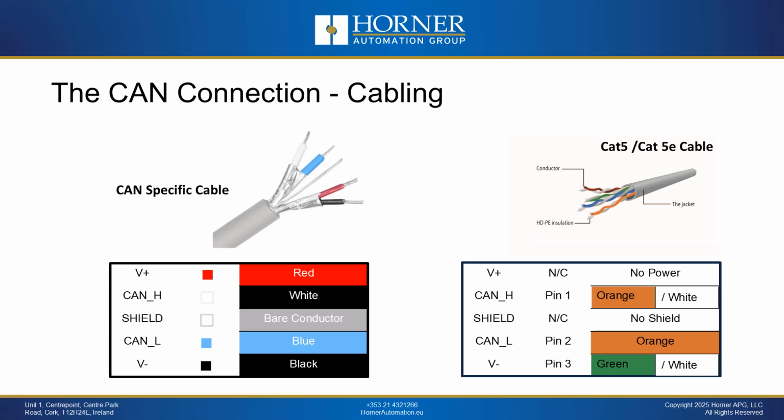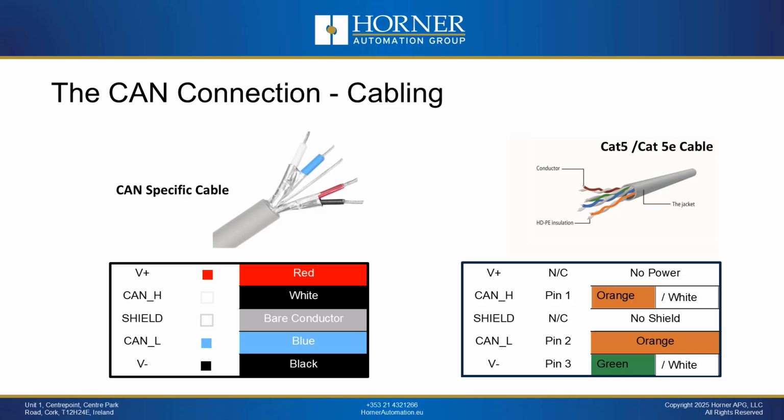Now in the case of Cat5 or Cat5e, when you are using that with CAN, you are talking about 3 conductors. We do not have the power conductor because we do not distribute power over Cat5 or Cat5e with CAN. We also always use unshielded Cat5 or Cat5e, so there are no shields to deal with.